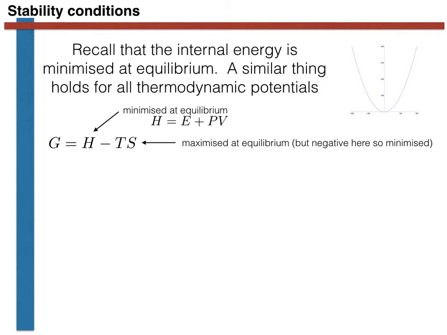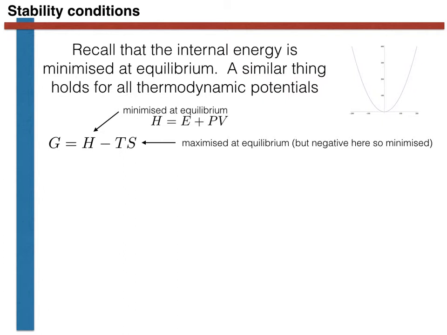If we consider the Gibbs free energy G, for example, which we have remembered is equal to the enthalpy H, subtract the temperature T multiplied by the entropy S, this quantity will be minimized at equilibrium, because H will be minimized because it contains the internal energy, which we know to be minimized, and because we subtract from this the temperature multiplied by the entropy. We know that the second of these terms, the entropy, is maximized and thus that minus S will be minimized.